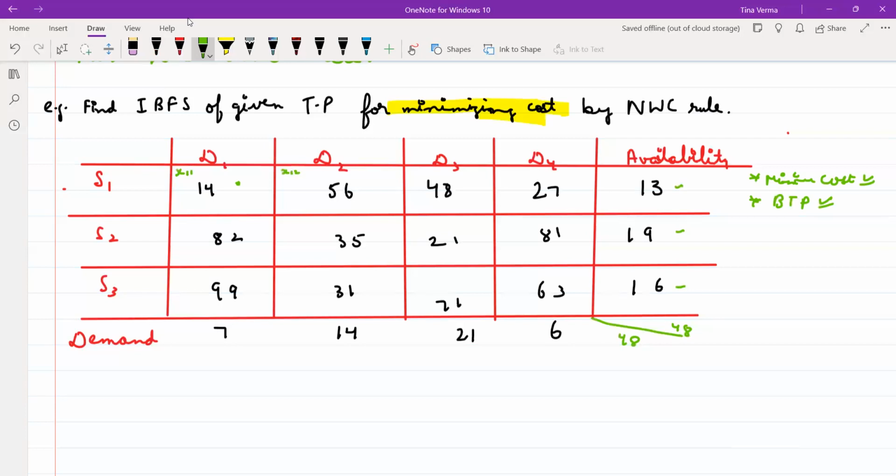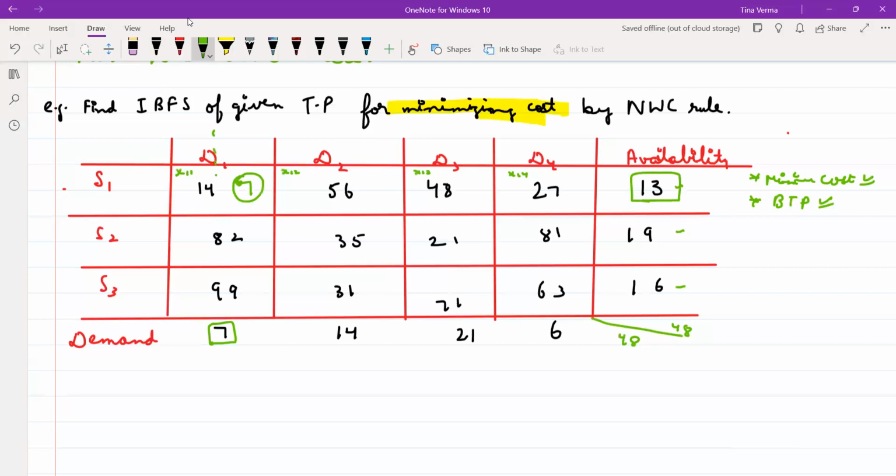You have x11, x12, x13, x14 that you have to find, because this is the quantity you have to deliver from source i to destination j. When taking the northwest entry, you take the minimum of a_i and b_j. What is the minimum of 7 and 13? 7. So you assign 7 over here.